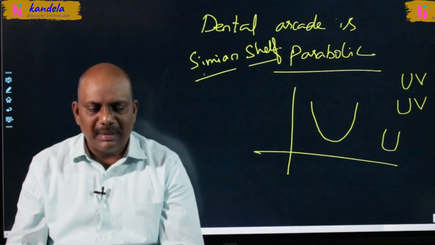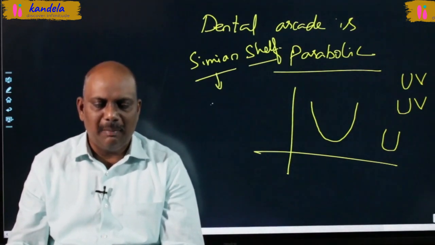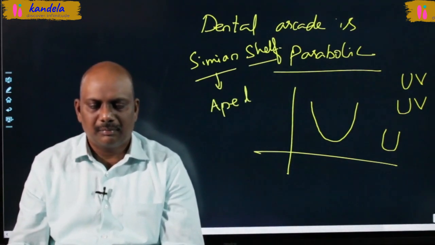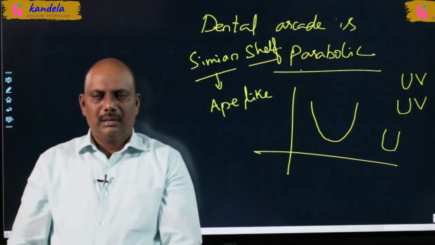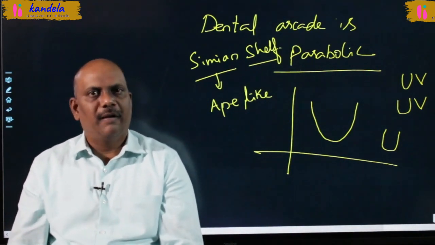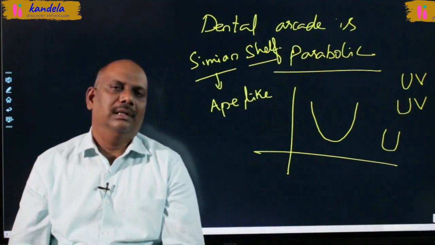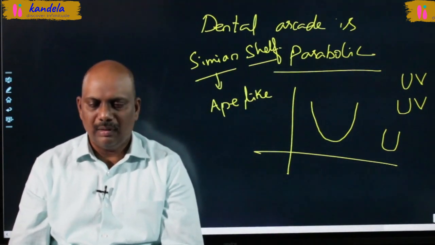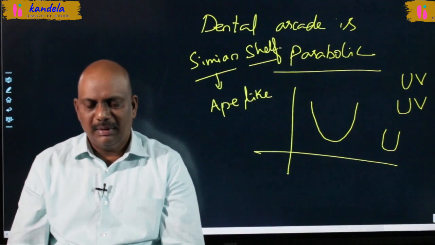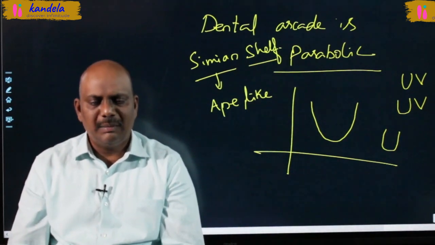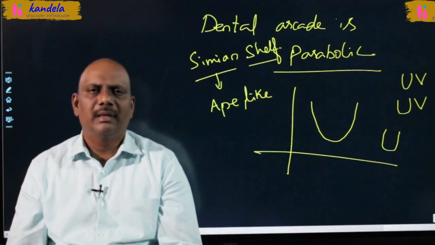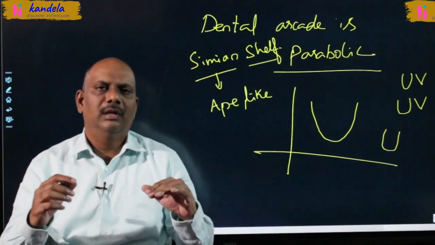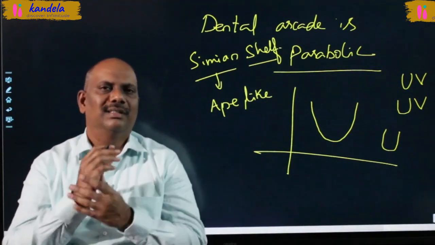If I say simian, simian means ape-like. So this is also a very primitive character. Simian shelf. What do you mean by shelf? If you have a shelf in your home, you will keep your books in that.